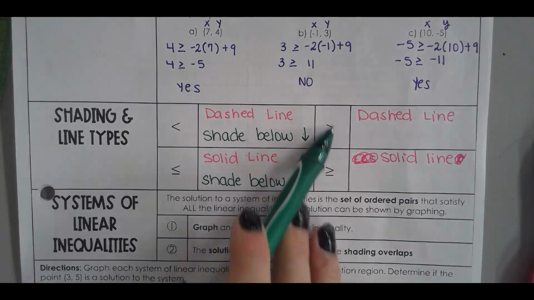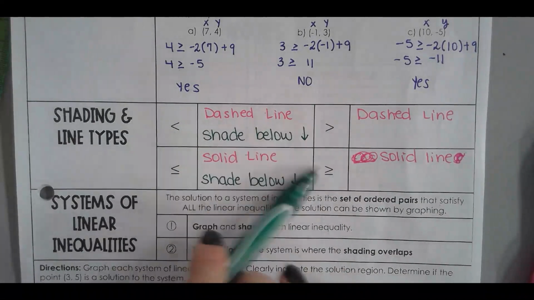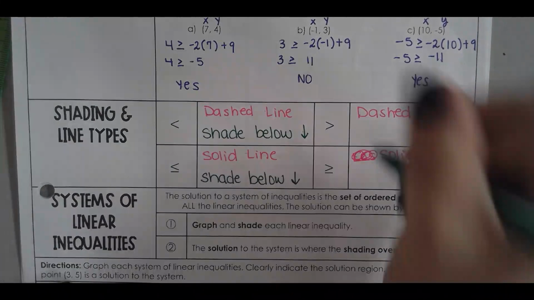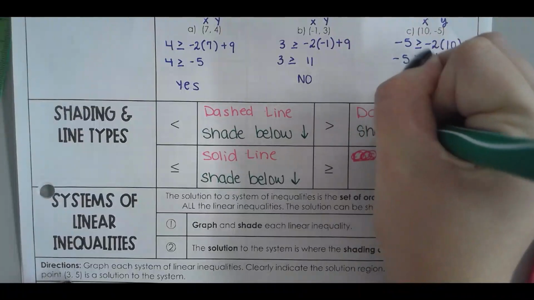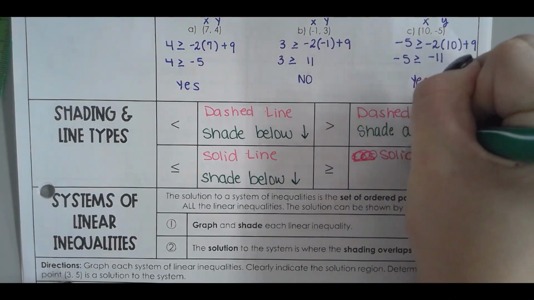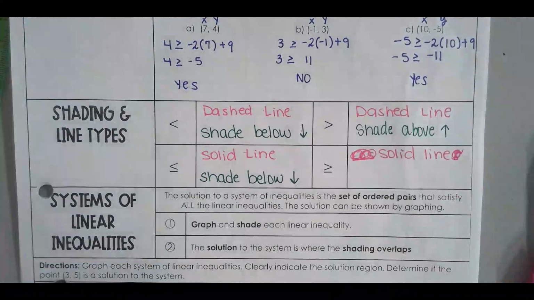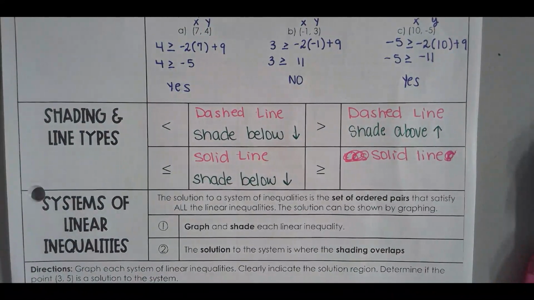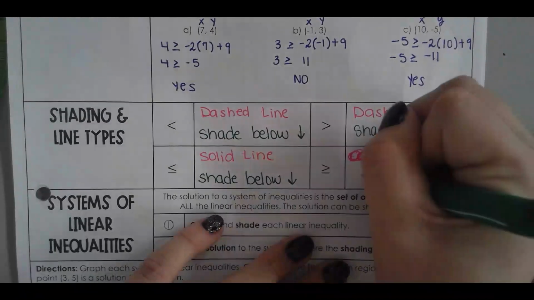The ones that are the greater thans, those are shade above. When we get to the shading on our graphs, that's when you're going to need your colored pencils.